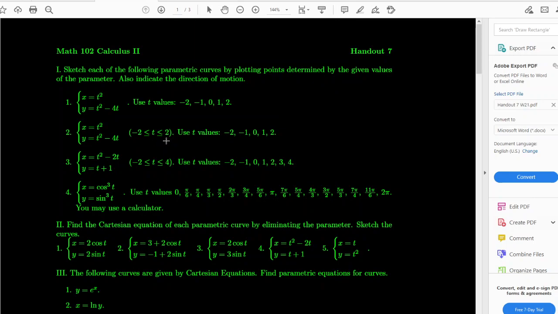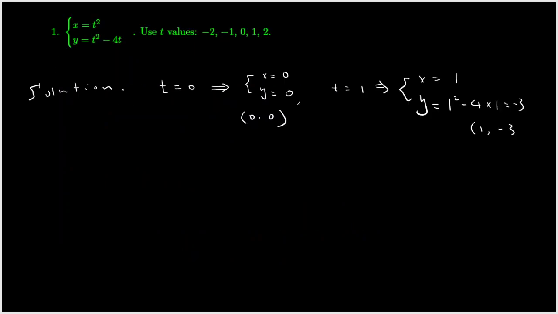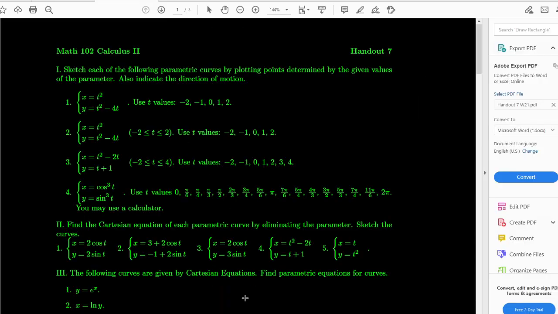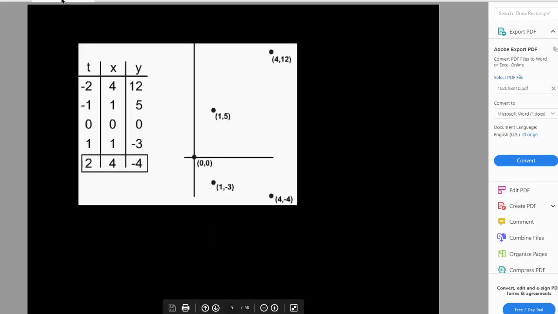If that's the case, if t is defined on some interval, then we can treat the curve as a directed curve. We can treat the curve as having a direction. t is from -2 to 2.